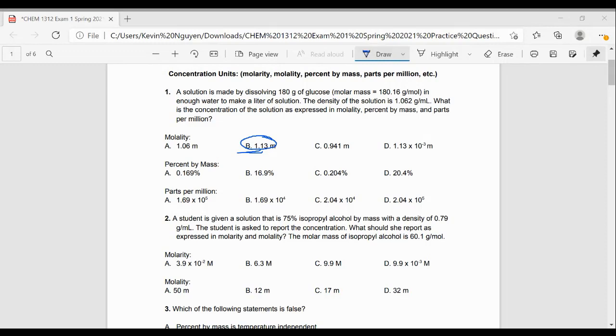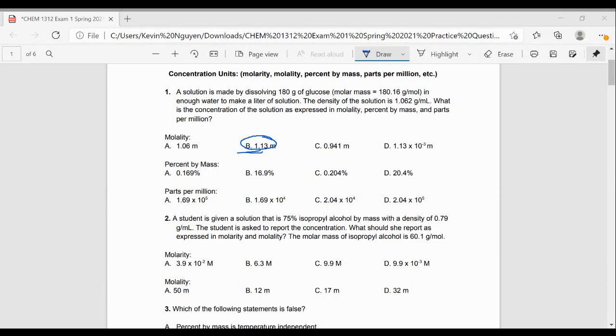Convert that to kilograms, so we have 0.025 kilograms of solvent. Now we divide: 1.25 moles of our solute, the isopropyl alcohol, divided by 0.025 kilograms of solvent.